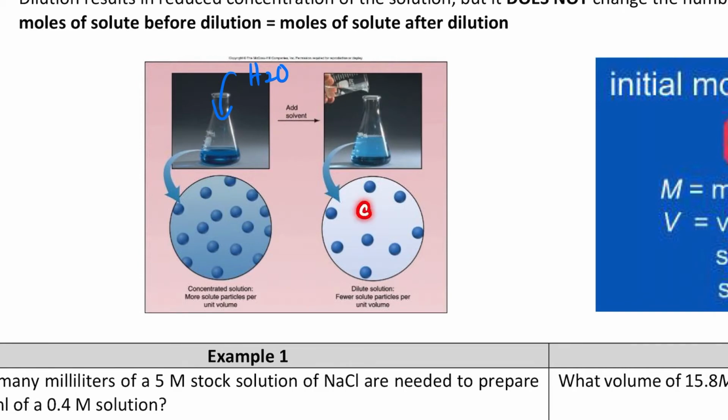Okay, so kiranya solute tu per unit solvent dia kurang. So that's why dia kurang kepekatan. Okay, so colour dia pun jadi makin pudar. Tapi point yang penting untuk kamu ingat adalah number of mole of solute before dilution equal to number of mole of solute after dilution. Okay, so itu yang penting.